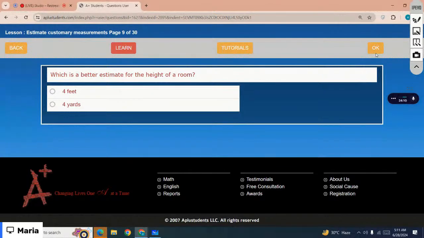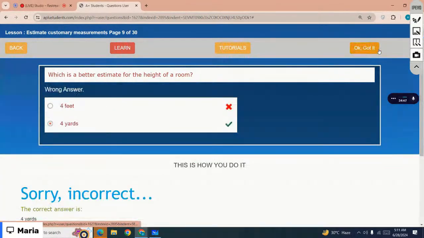Which is the better estimate for the height of the room? 4 feet, 4 yards. The correct option is 4 feet, I think, because, oh yes, that's 4 yards.